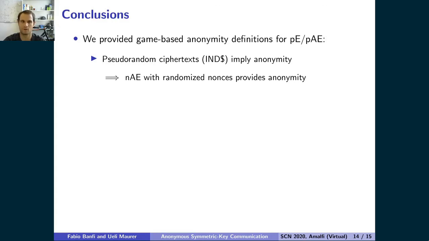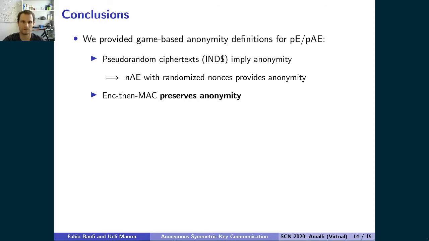So in particular, no transformation is needed for such schemes. And also we show that the Enc-then-MAC paradigm preserves anonymity. So if the two base schemes provide anonymity, also the resulting authenticated encryption scheme will, on top of course, confidentiality and authenticity.